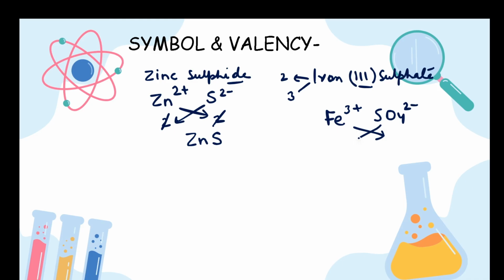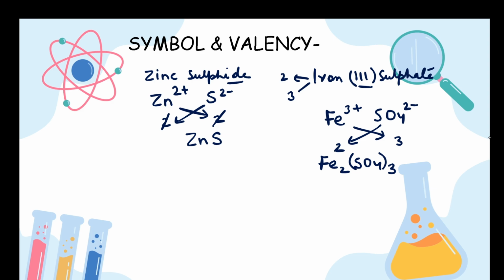Again, interchange their valencies ignoring the plus and minus sign. So, iron becomes 2, sulfate becomes 3. What will be the formula now? Fe2(SO4), within brackets we place the sulfate and outside we place 3. So, the formula for iron 3 sulfate is Fe2(SO4)3.